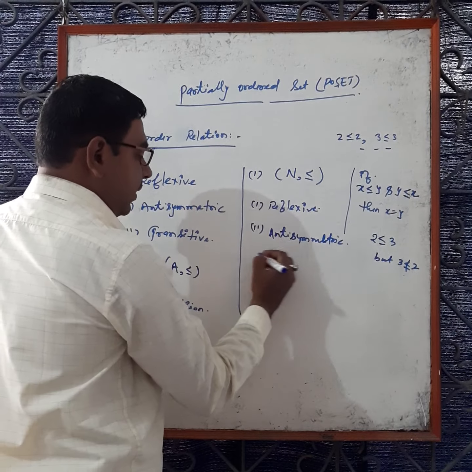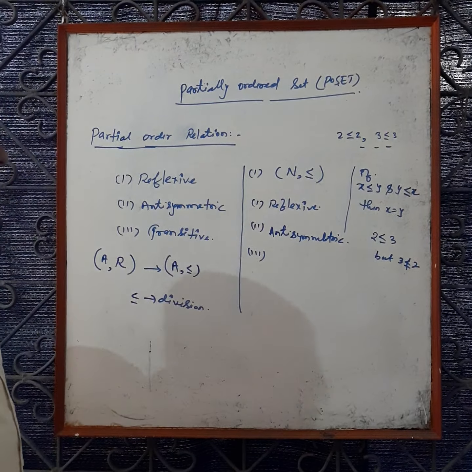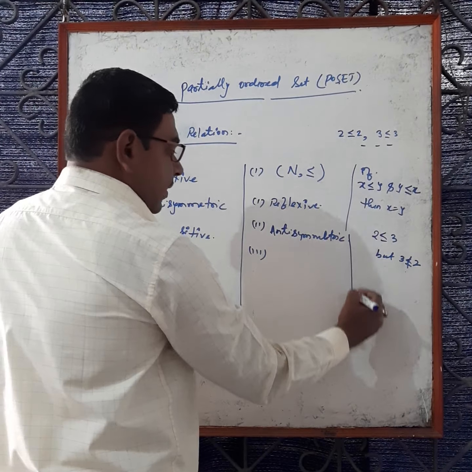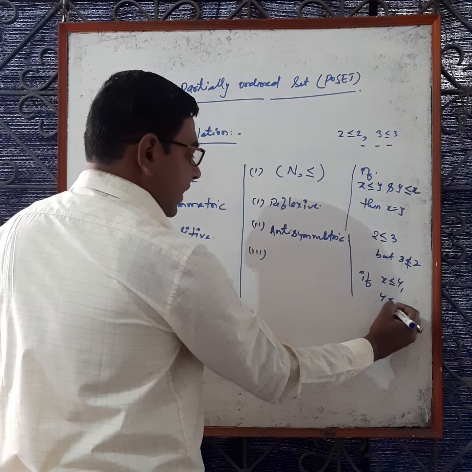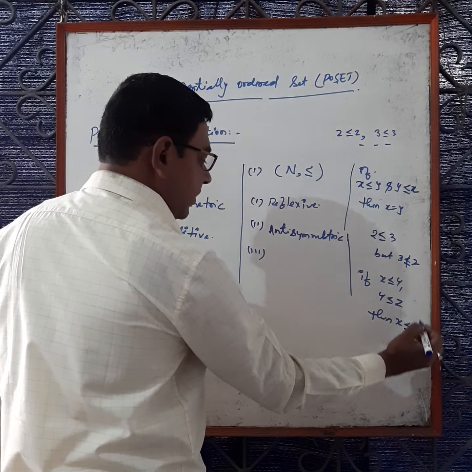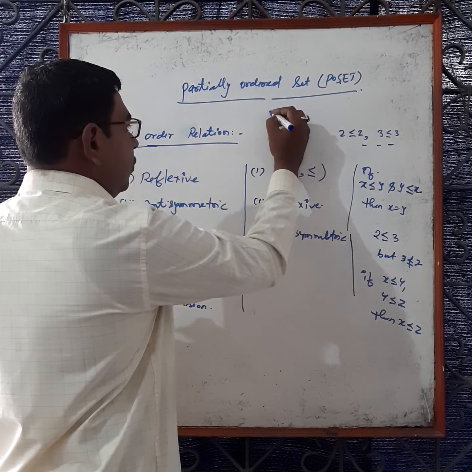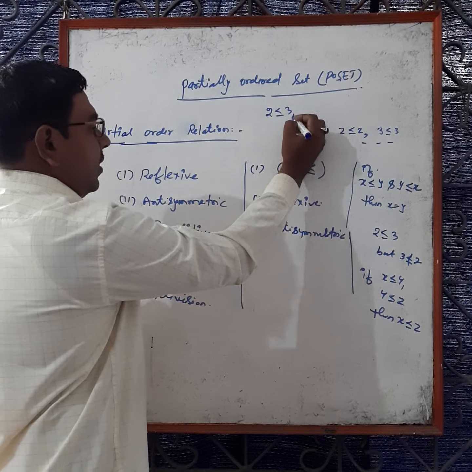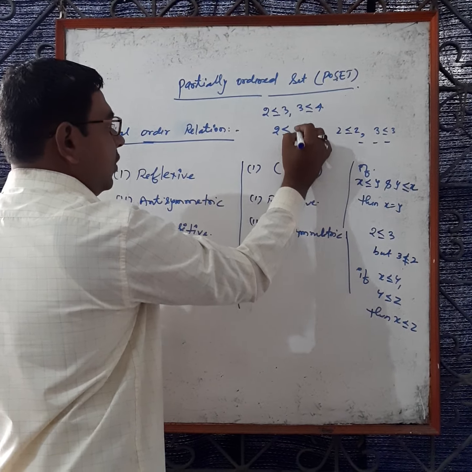Next, we check transitivity. The condition of transitive relation is: if x less than equal to y and y less than equal to z, then x less than equal to z. In natural numbers, if we take 2 less than equal to 3 and 3 less than equal to 4, then 2 less than equal to 4.